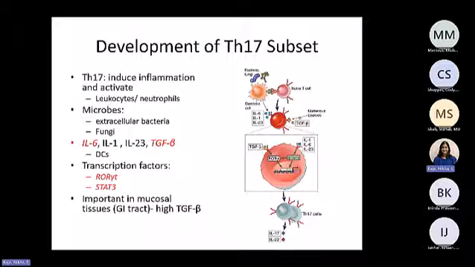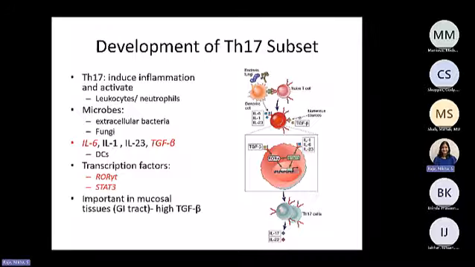These will also provide that positive feedback amplification, as well as inhibit other Th subsets from being formed. Now, this is important in mucosal tissues such as the GI tract, where there is high TGF-beta present all the time. In presence of just TGF-beta, remember TGF-beta is an inhibitory cytokine, so it helps to maintain an anti-inflammatory environment.